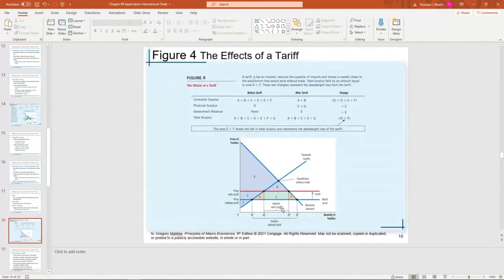We can see that as well. We went from importing from this point to this point, from here to here. All that would have been imports. Now, when the tariff is put in place, we see the reduction here. So we'll see buyers exit the marketplace, and we'll see suppliers increase.